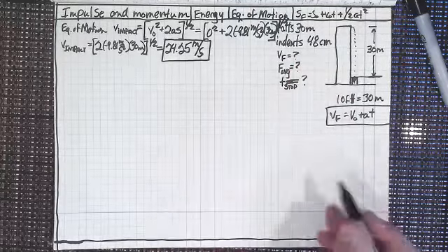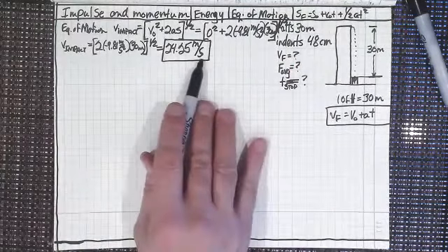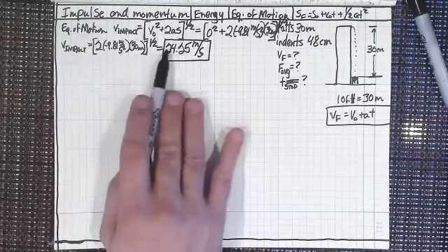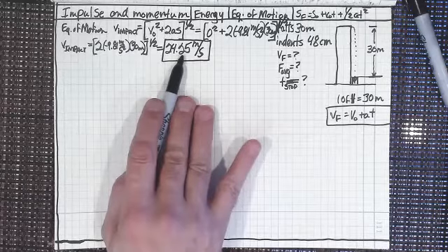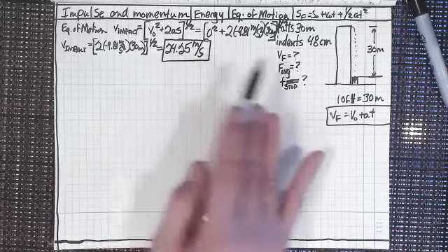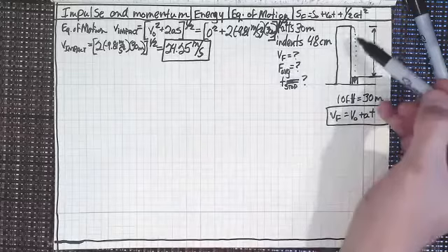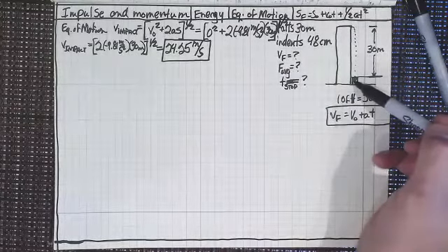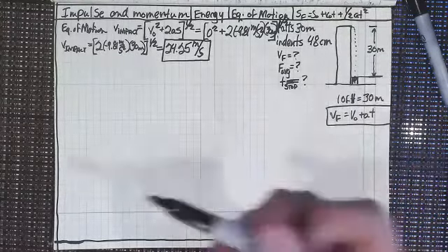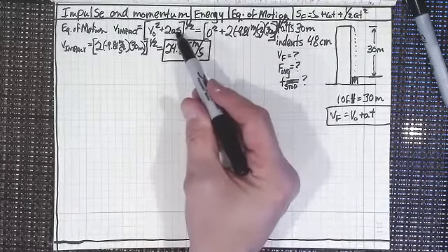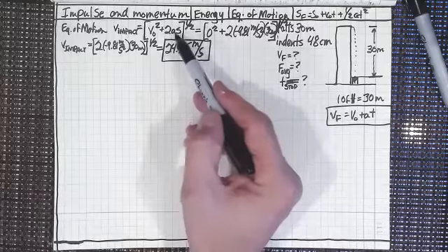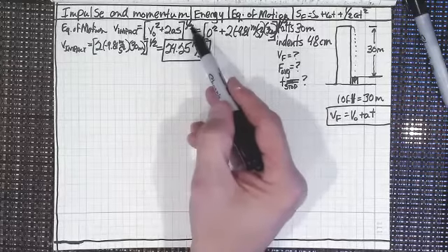Let's also analyze this a different way, because now that we've got the velocity at impact, we could just look at the deceleration. I've got the velocity at impact, and I know this fell 30 meters. Now, this fell 48 centimeters, right? So couldn't I use this same equation that I have here, except solve it now?